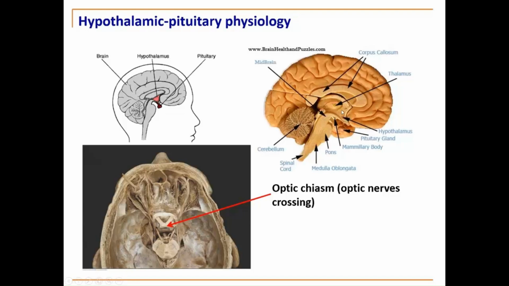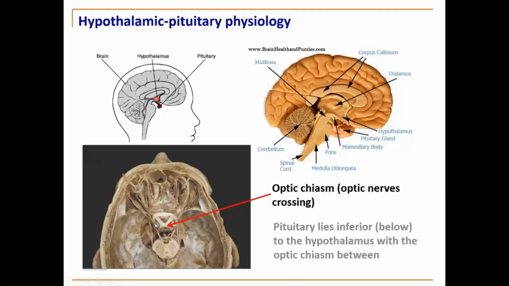If we move over to this little image on the right, again, you can see the hypothalamus talking down to the pituitary gland via the pituitary stalk. Taking another look at the diagram, it's in the center. The pituitary sits just behind the nose, if you want to think of it like that. And the optic chiasm is where the optic nerves cross.